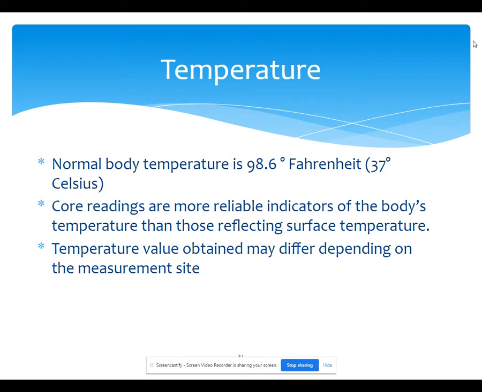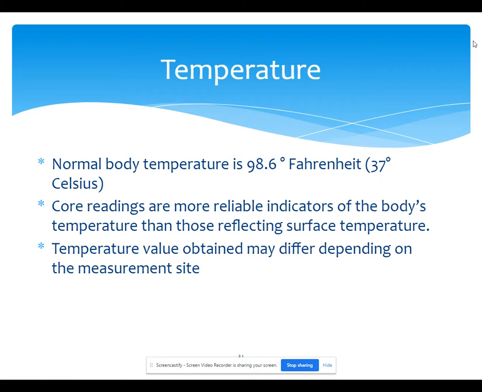It'll also stimulate sweat glands to start sweating to cool someone off if they're too hot. So a normal body temp is 98.6 Fahrenheit or 37 degrees Celsius. Core readings are more reliable than oral readings because you can alter your oral temperature by drinking something hot or keeping your mouth closed or open.